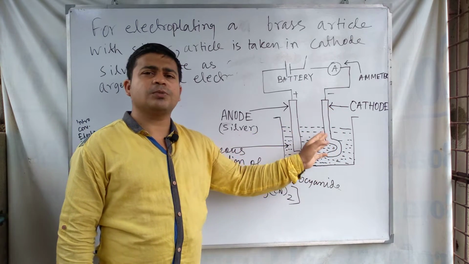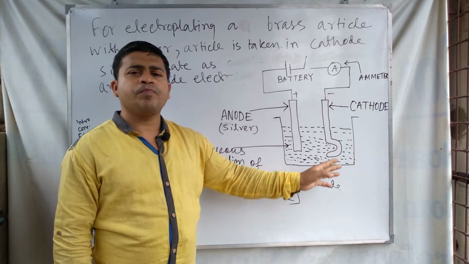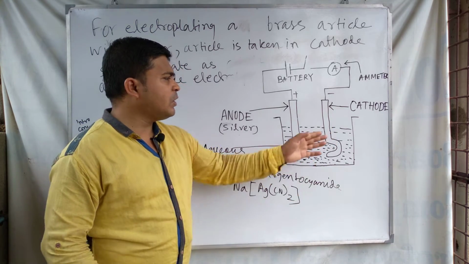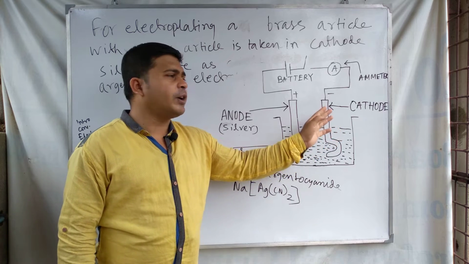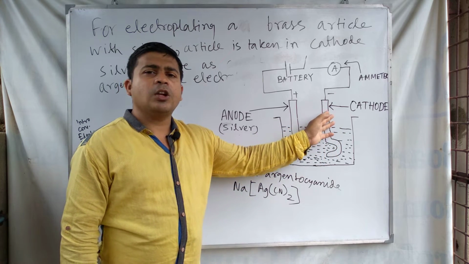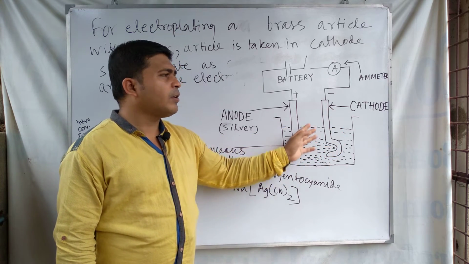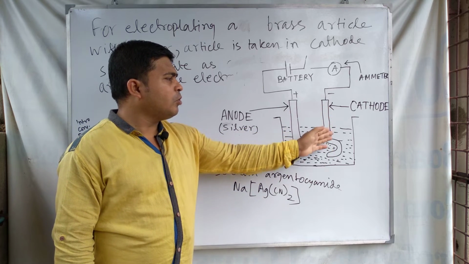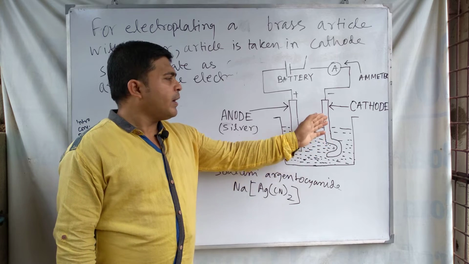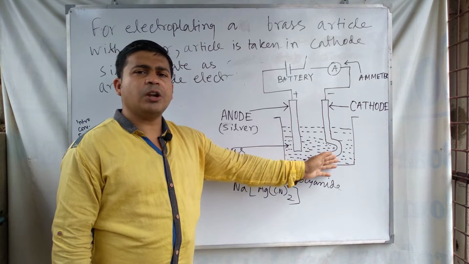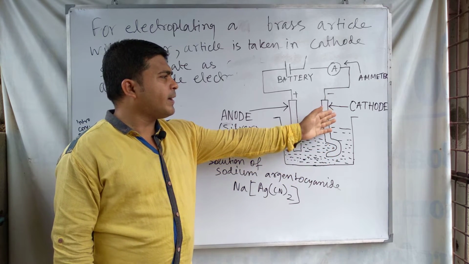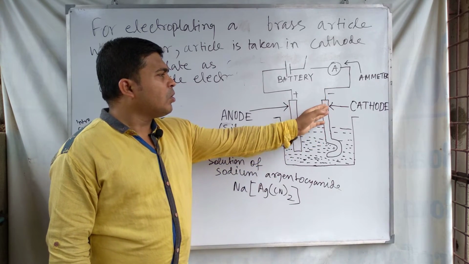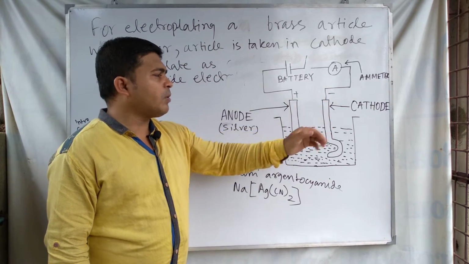After washing several times with distilled water, we dry this spoon and take it as the cathode, dipping it in the solution bath. So at first we have to clean this spoon perfectly.